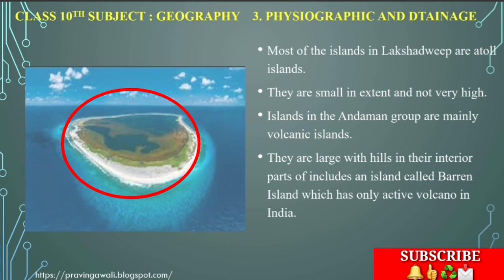Dear students, in this video we have studied the physiography of India, the physiographical features of India as well as the 5 major physical divisions of India, that are the Himalayas, the North Indian plains, the Peninsula, the coastal plains, and the last one, that is the island groups.